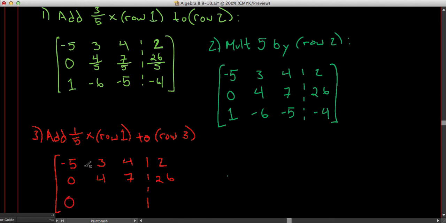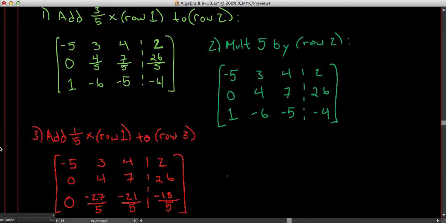And then we're going to have some messy stuff again. We're going to have -27/5 and -21/5 and -18/5. Okay? All right. So we're moving along slowly but surely.